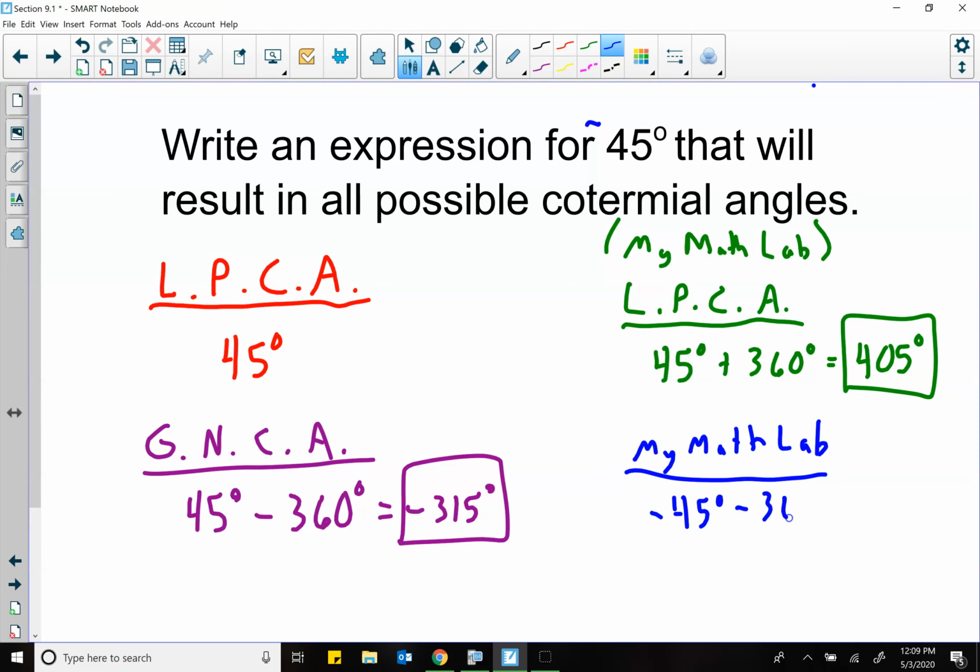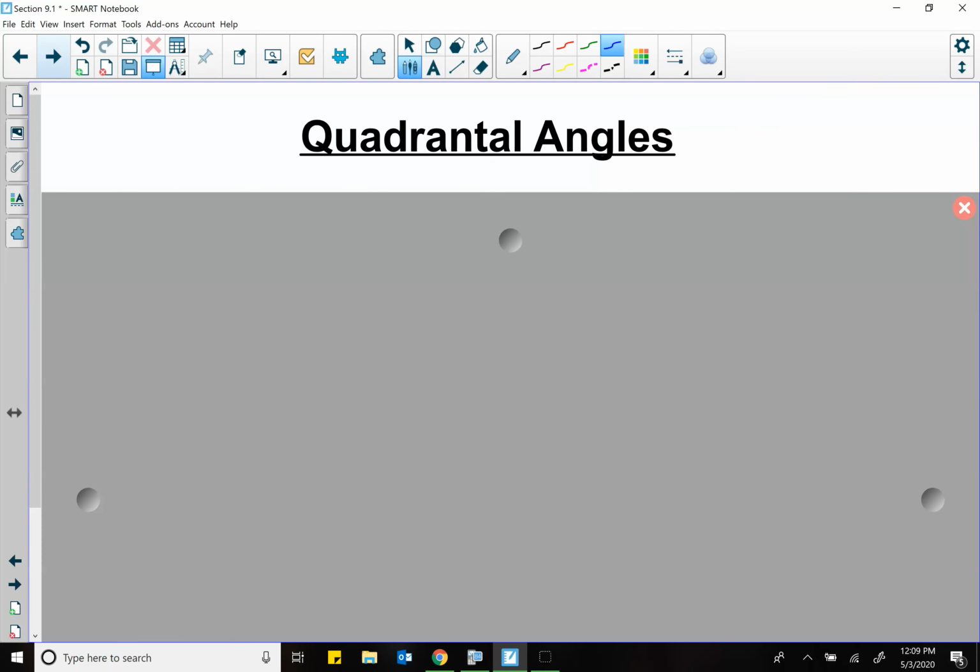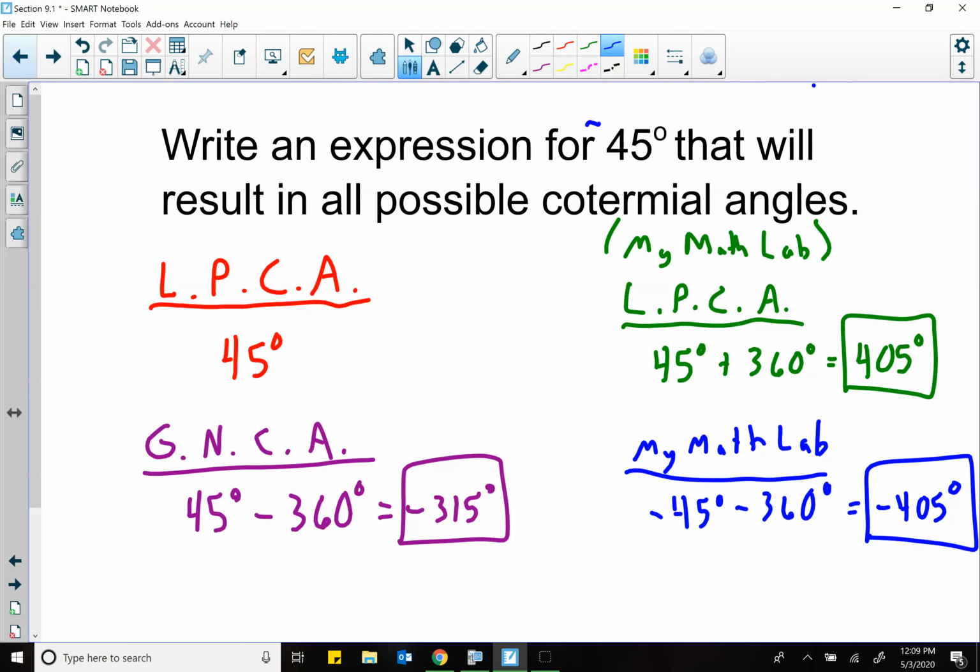So, if it was a negative 45, then you would have negative 405 degrees. That would be what they want as the greatest negative. And they also sometimes will give you radian measures for this. So you know how to deal with radian measures. You would be adding 2 pi or subtracting 2 pi.